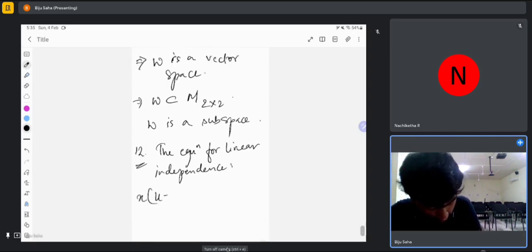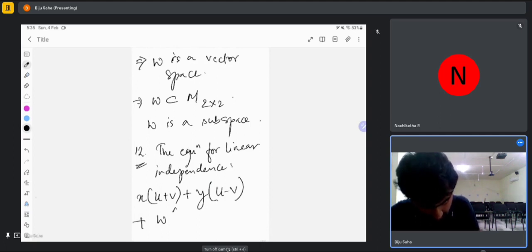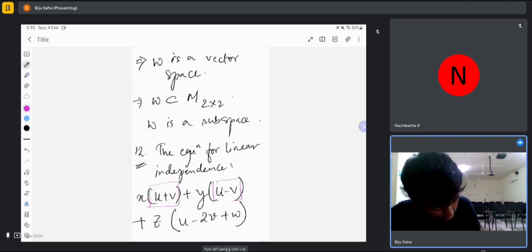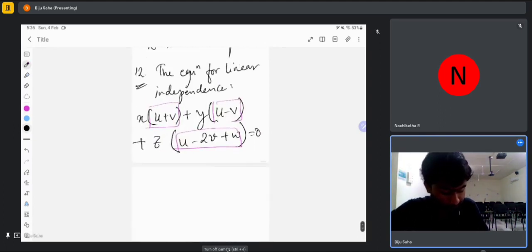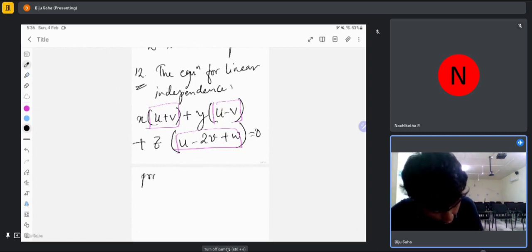You have to prove whether these three vectors, u plus v, u minus v, and u minus 2v plus w, are linearly independent or not, provided u, v and w are linearly independent.